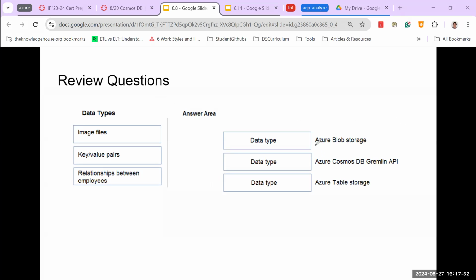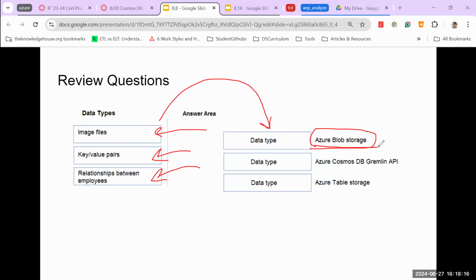So here we have Azure Blob Storage. Which one of these data types do you think fits into Azure Blob Storage? Take a moment, pause the video, and consider if you want to place image files, key value pairs, or relationships between employees within this data type section for Azure Blob Storage.